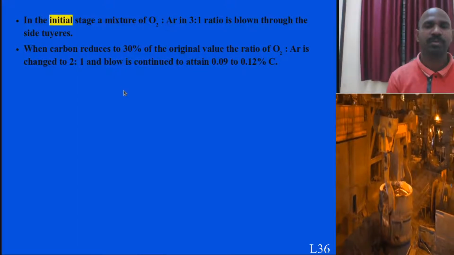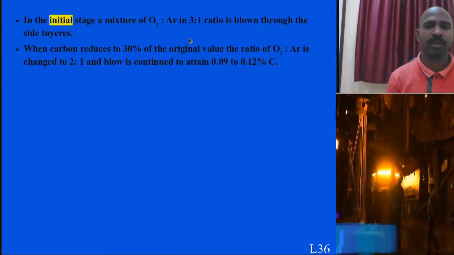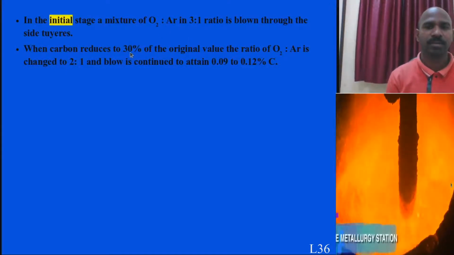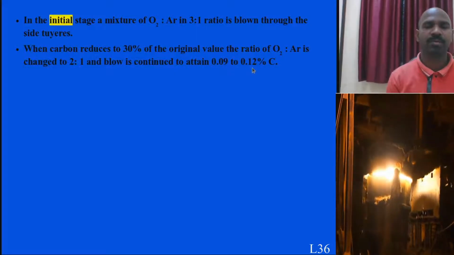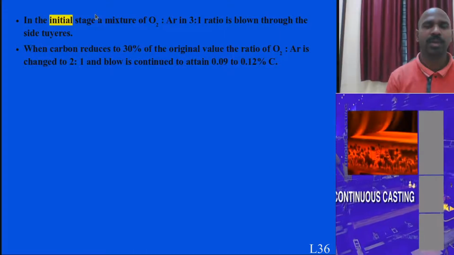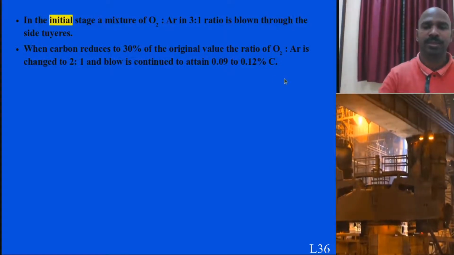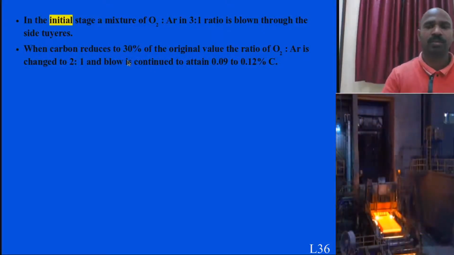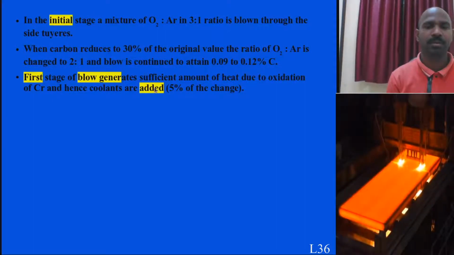By doing this, in the initial stage, around 30% of the carbon is reduced. That means 0.09 to 0.12% was reduced from the carbon, which was around 0.6% coming from the primary steel making EAF process, reduced in this first stage.